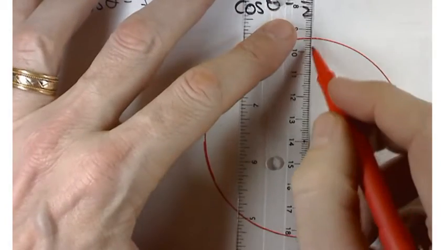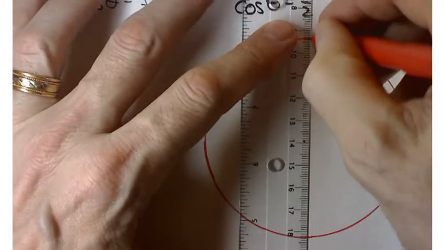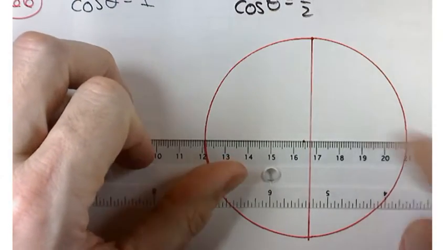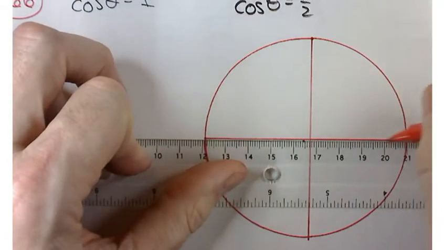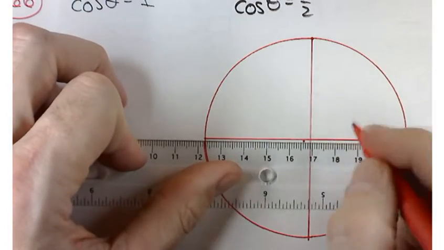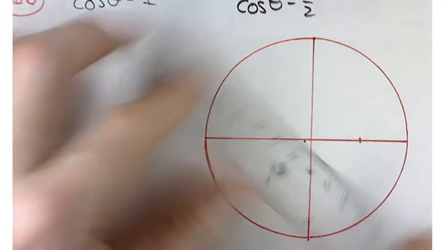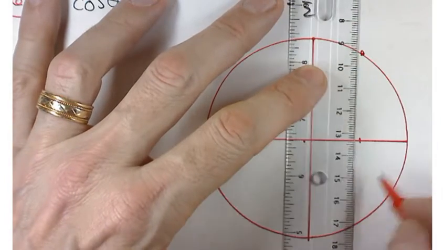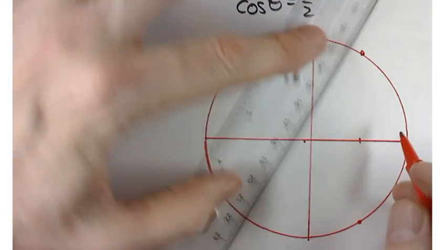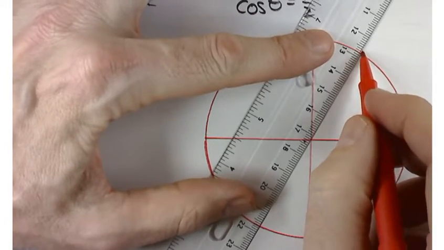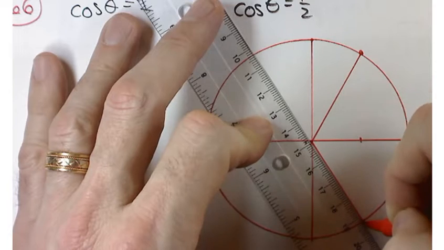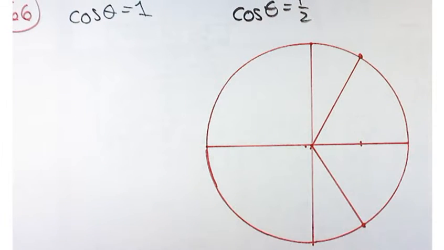X coordinate. All right, so I've got an x coordinate of 1/2. That's what I'm being told. That's going to happen at 2 places on the circle. Unfortunately, when you do the inverse cosine, it's only going to give you one of those 2 solutions, isn't it?